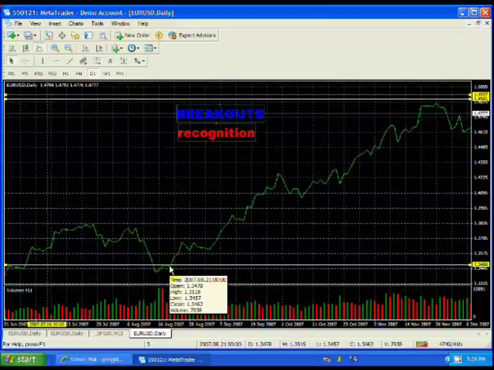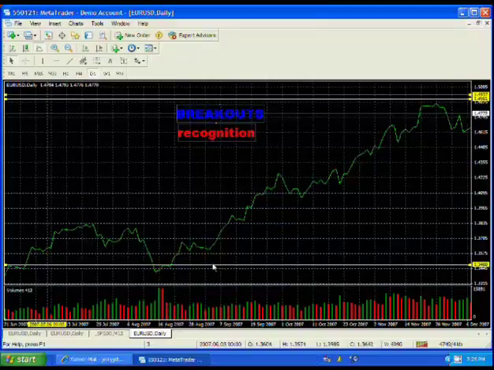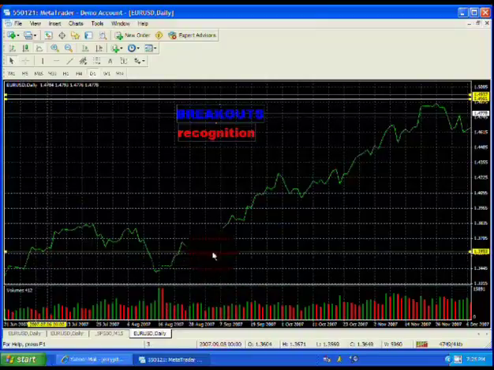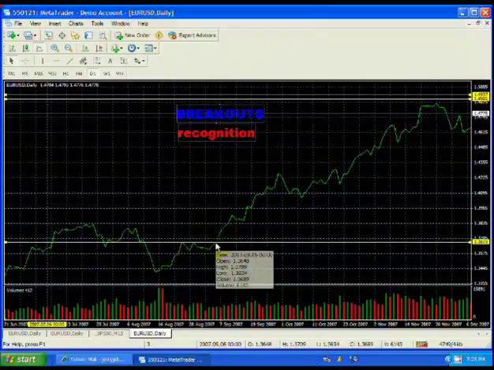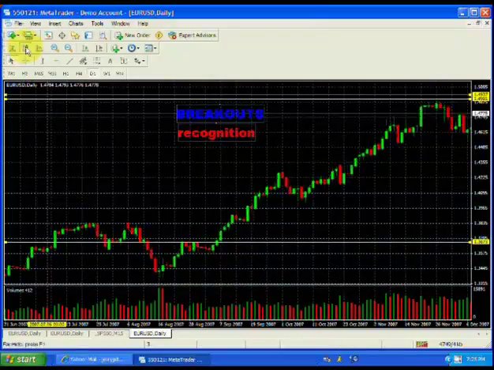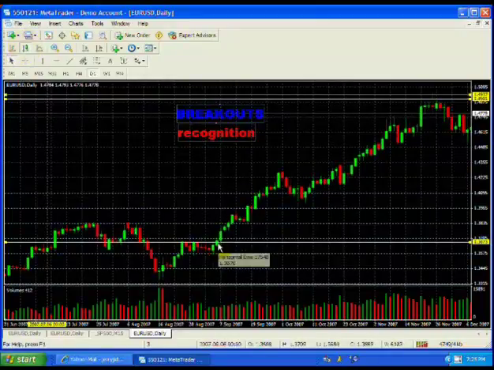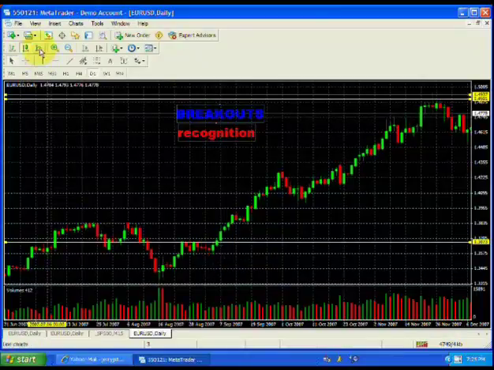If we go up to the next bullish breakout, it would be here, a breakout above here. If we go to our candle chart, now we can see better that it is a bullish breakout, but it is still much easier from our line chart.